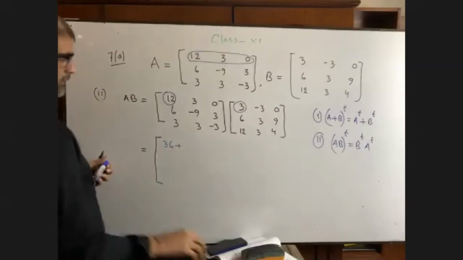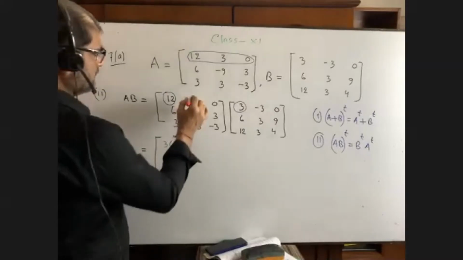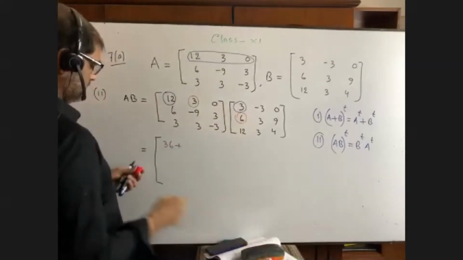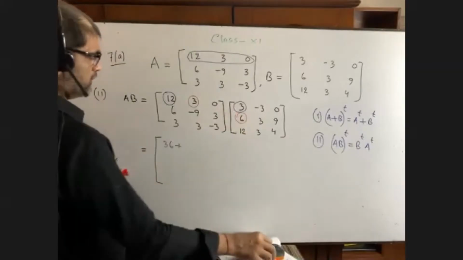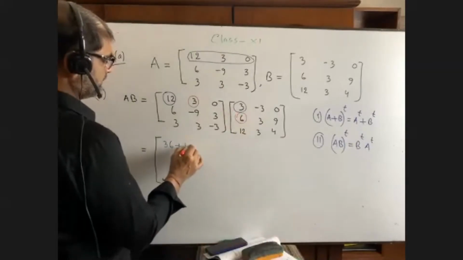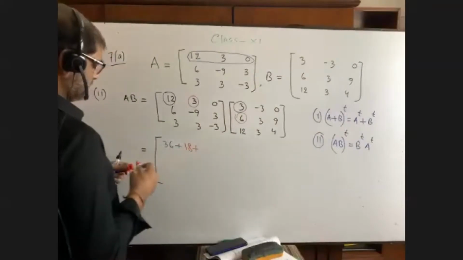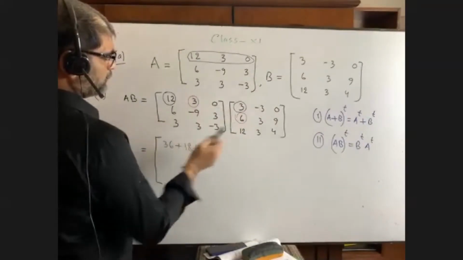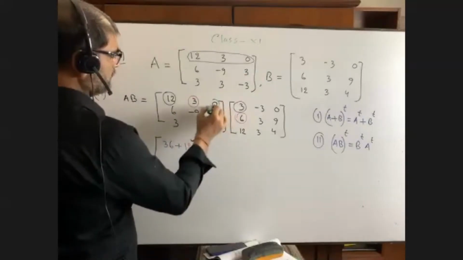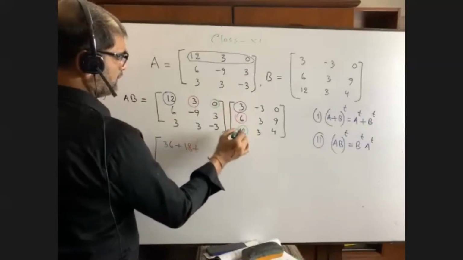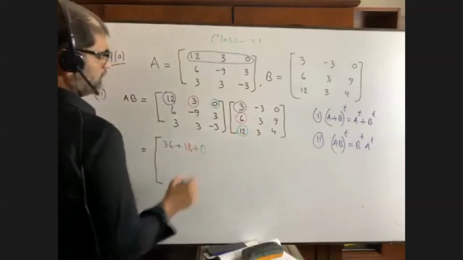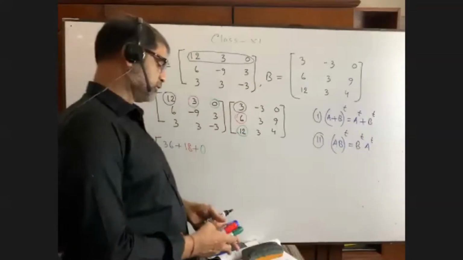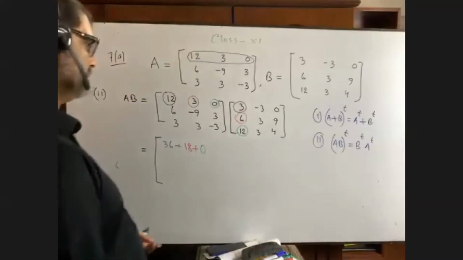Plus this 3 into 6 equals to what? 18. Plus this 0 into 12 equals to what? 0. Have you got it or not? This is my question. All of you, please.